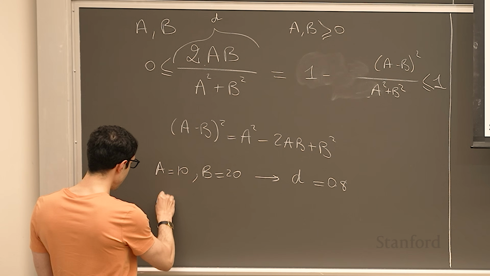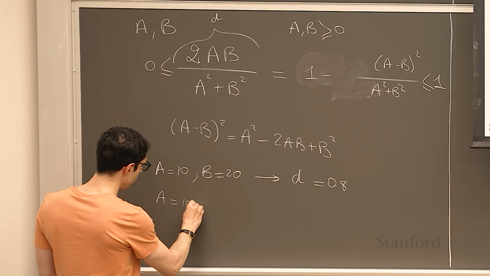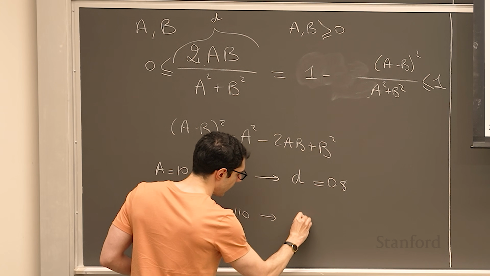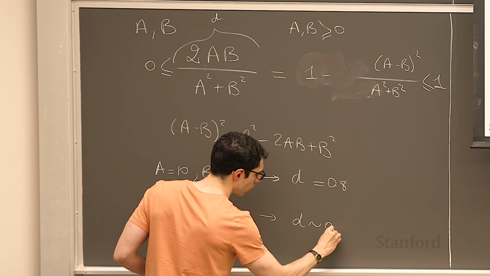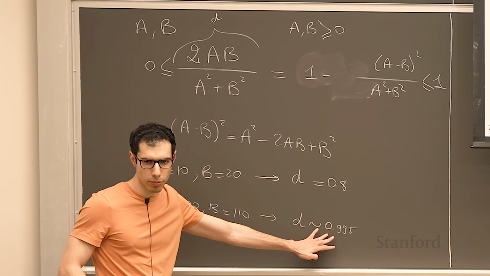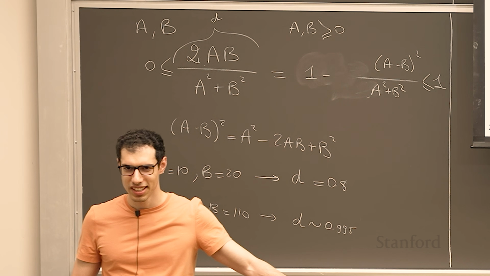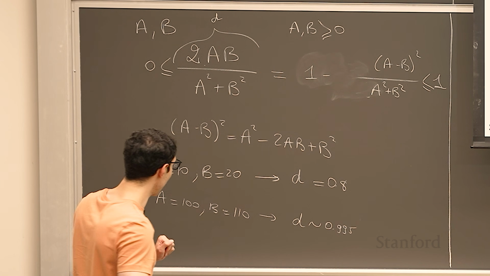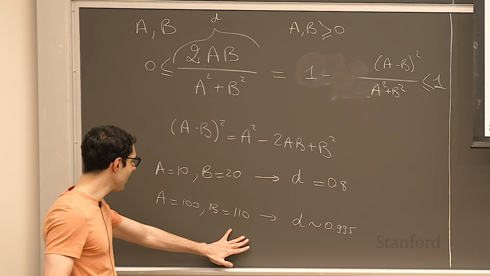But if a is equal to 100 and b is equal to, let's say, 110, then d is going to be much closer to 1, maybe somewhere around 0.995. I computed this before the lecture, so don't worry, I'm not hallucinating things.